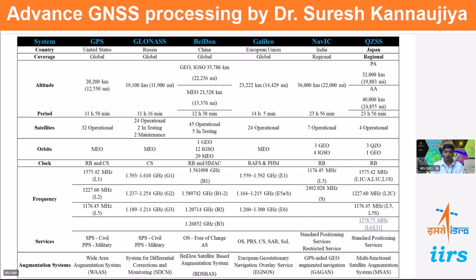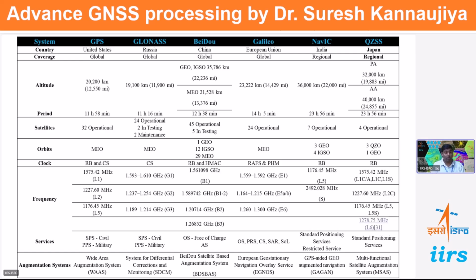NavIC and QZSS are regional navigation systems, and their orbit constellation is very different from the global ones. BeiDou has a hybrid constellation, with geostationary, geosynchronous, and MEO orbits. GPS mainly has MEO.